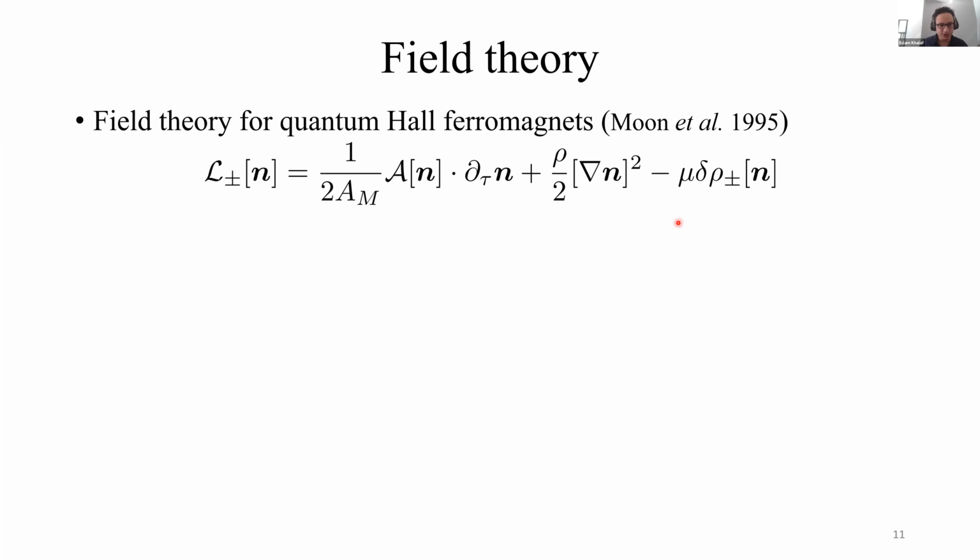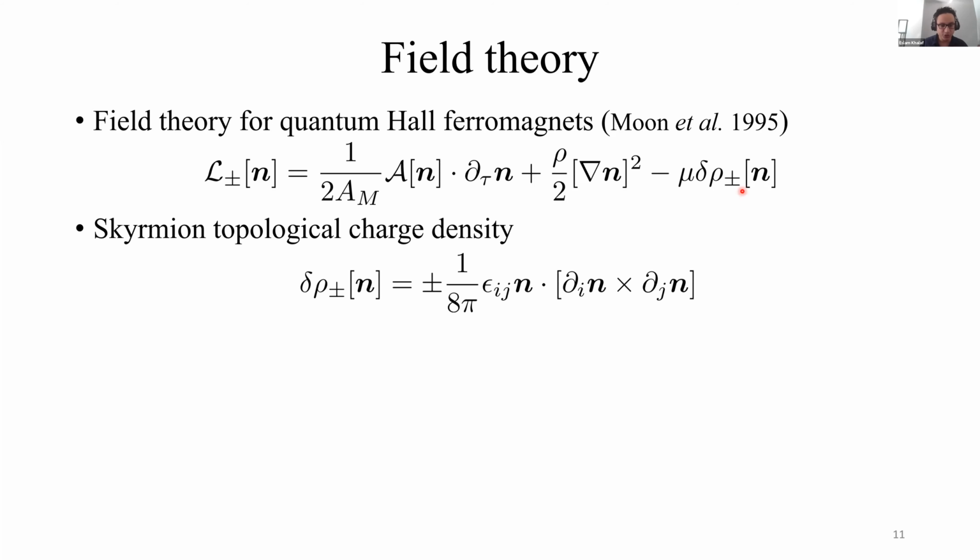The second term is just this gradient term. And the last term is the one that assigns charge to the skyrmion texture. This delta rho is just the skyrmion topological density, but it enters with opposite signs, plus or minus, depending on whether I'm in the plus Chern sector or the minus Chern sector.